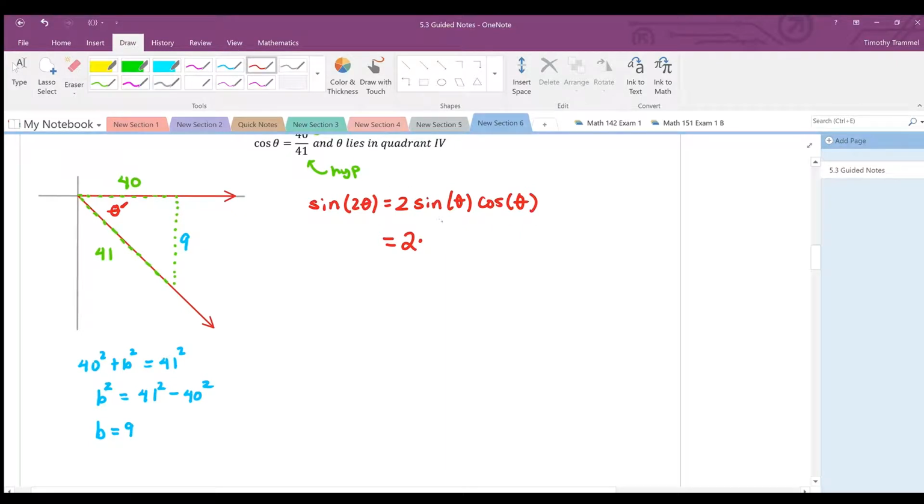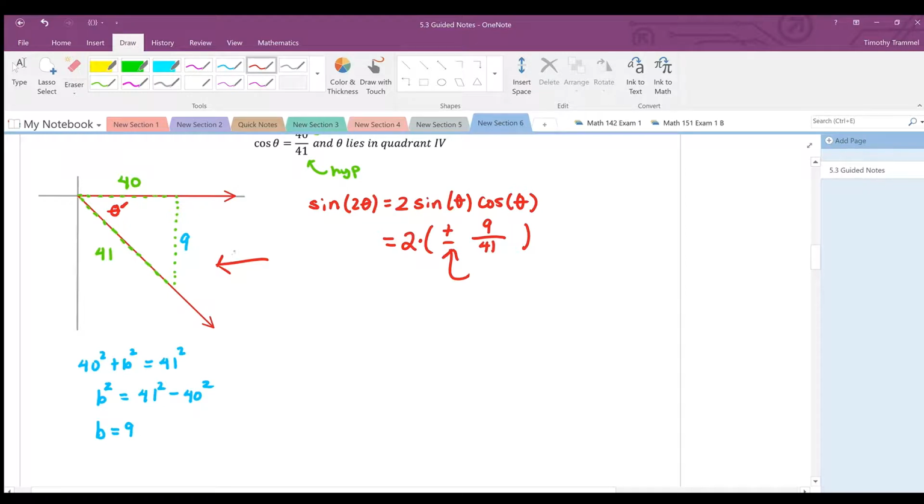All right, so now let's figure out what sine of theta is equal to. So sine of theta, again, is opposite over hypotenuse, so it's 9 over 41. And I left myself a little bit more room than I needed to here, but I left space here so that we can put in the plus or the minus. We just need to figure out which one it is. Okay. So if theta does lie in quadrant 4, then sine of theta should be negative because we're below the x-axis, right?